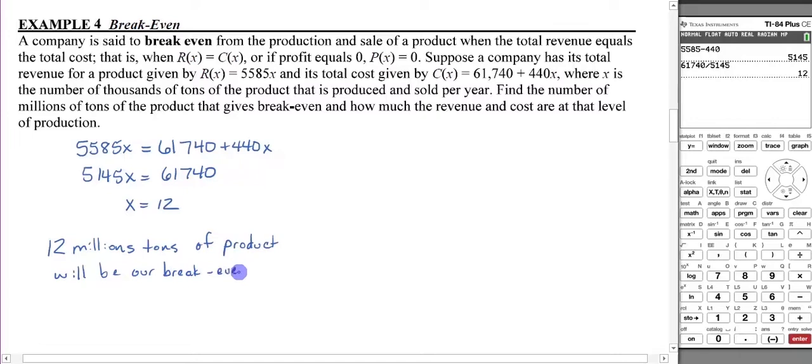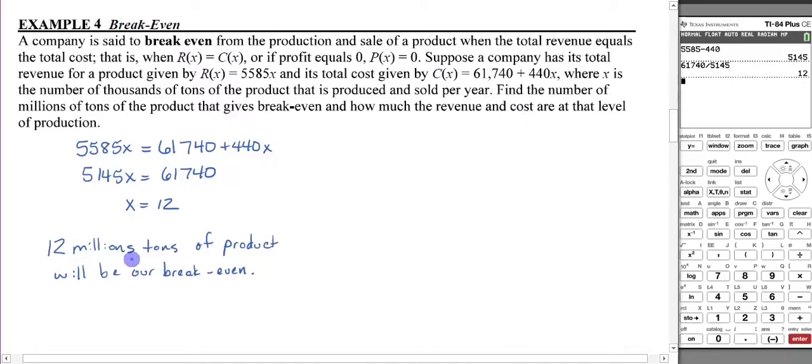That means we will not lose money, but we also will not make a profit if we produce 12 million tons of product.